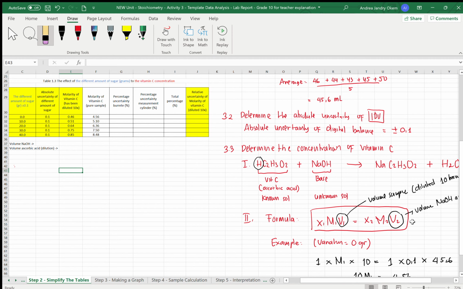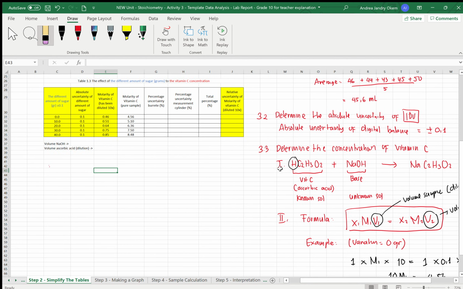On the other hand, number 2 belongs to the NaOH, and V2 is the volume of NaOH. The measurement tool that we use is the burette itself. So those two measurement tools are what we are going to use to calculate the relative uncertainty.